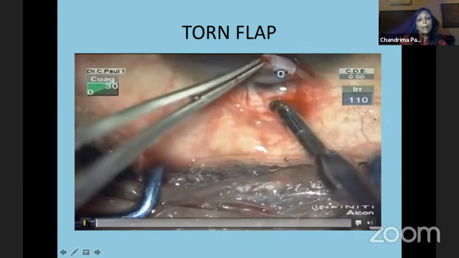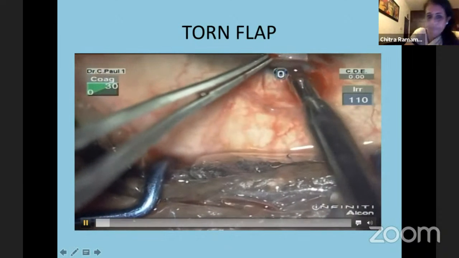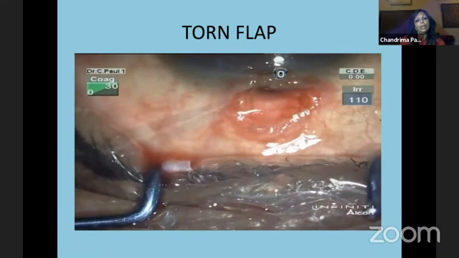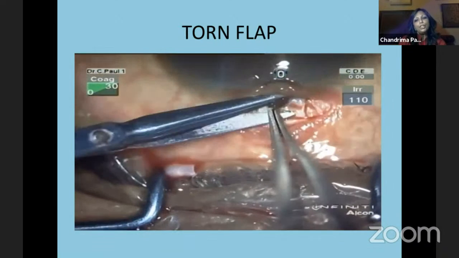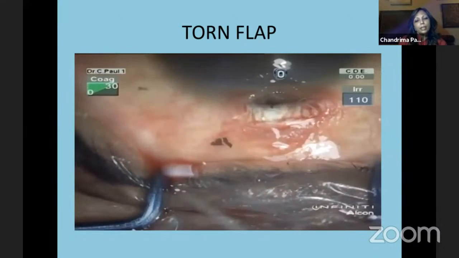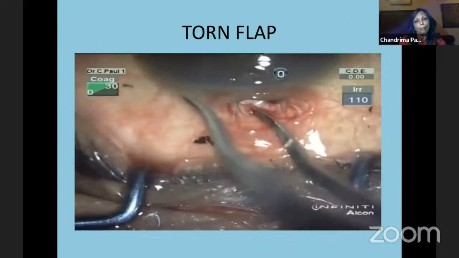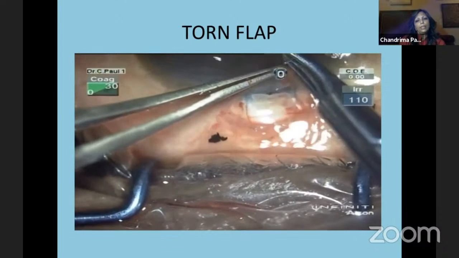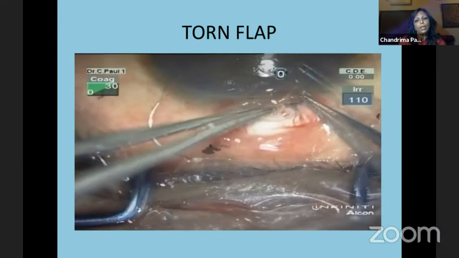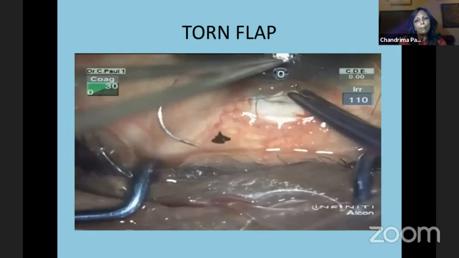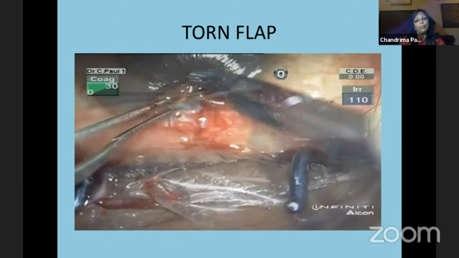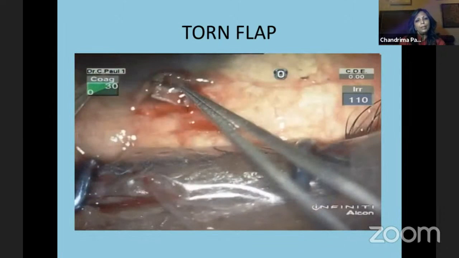That's the torn flap, which happened. Just look at that. I punch out the ostium and see what happens. I've pulled out the flap. But not to panic, complete your surgery. That's the iridectomy done, and then suture the flap back. And that's how you place it right where it should be, and suture the flap back so that it creates the normal scleral flap that we want in trabeculectomy.